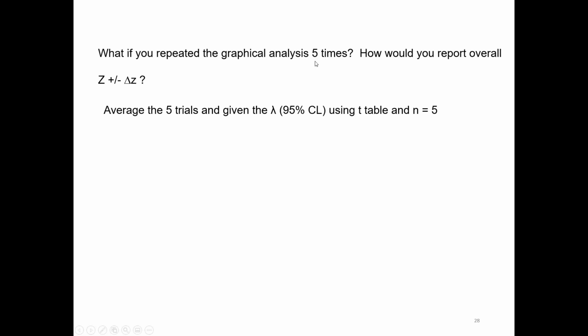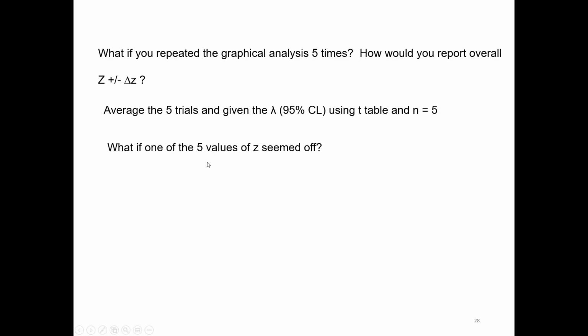You just get the 5 z values, and then now you can do the average. When you get to the average, remember to look up the t table and use the degree of freedom, and then calculate the lambda, then you can report z plus minus delta z.